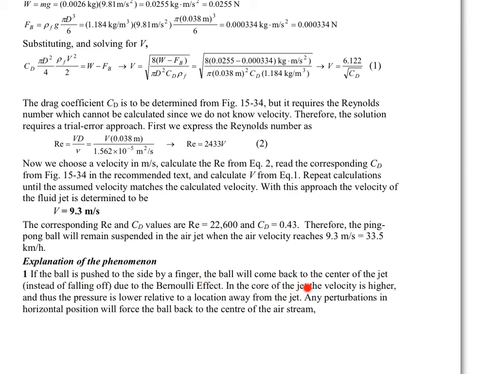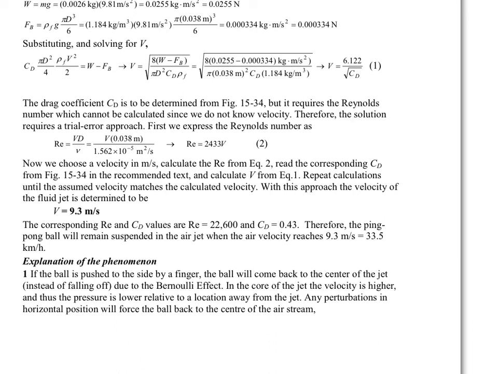In the core of the jet, the velocity is higher and thus the pressure lower relative to a location slightly away from the jet. Any changes or perturbations in the horizontal position will force the ball back to the center of the airstream. Now, this concludes the solution.